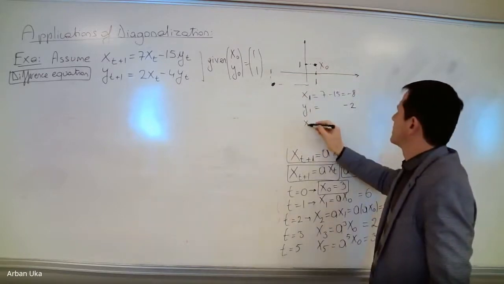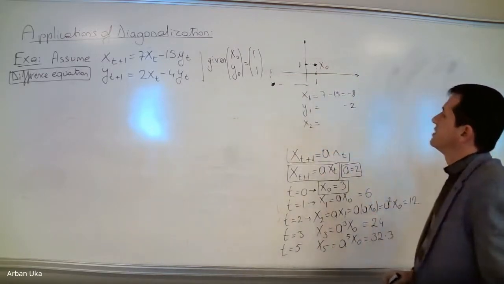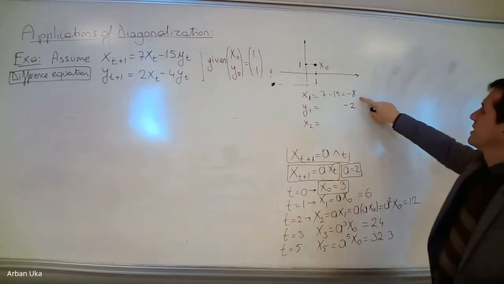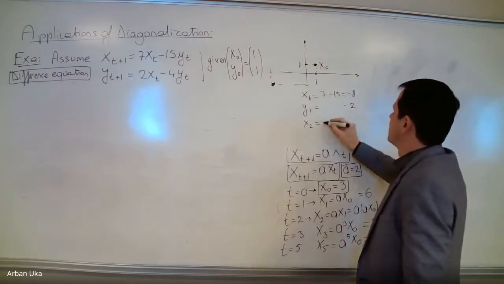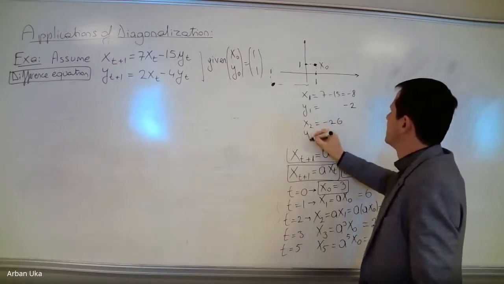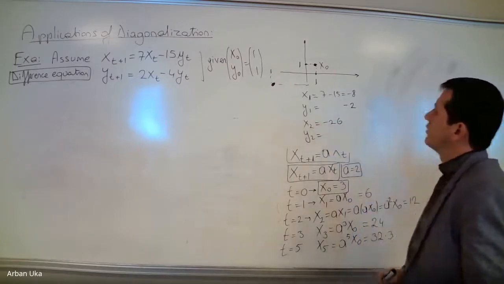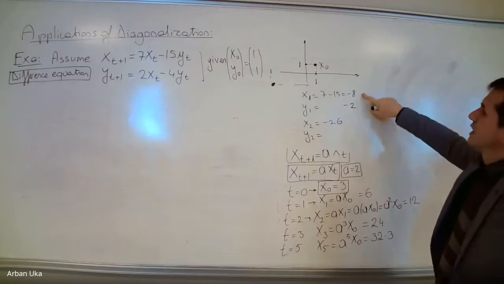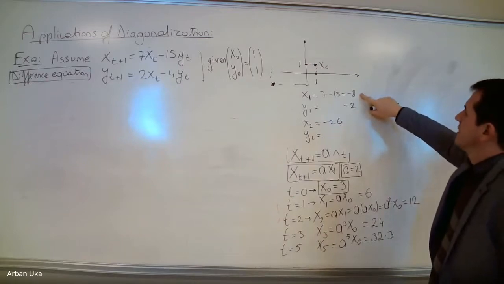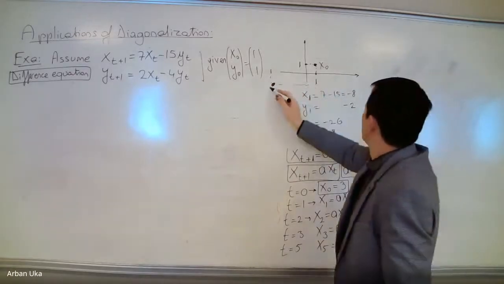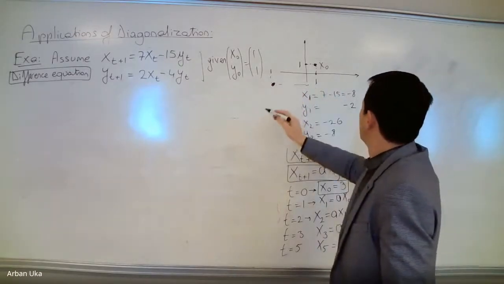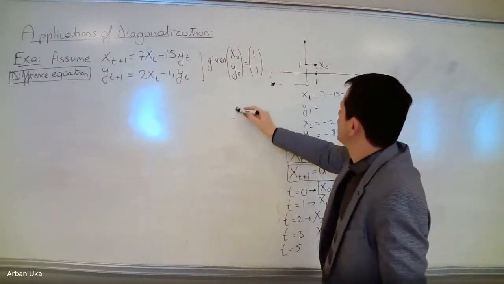Then what is x2? x2 is equal to 7 times minus 8, which is minus 56, plus 30, minus 26. What is y2? y2 is 2 times minus 8, minus 16, plus 8, minus 8. So it looks like from this point we move a little further, somewhere here.